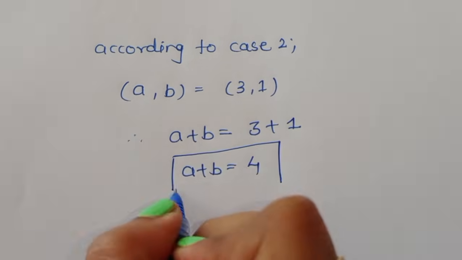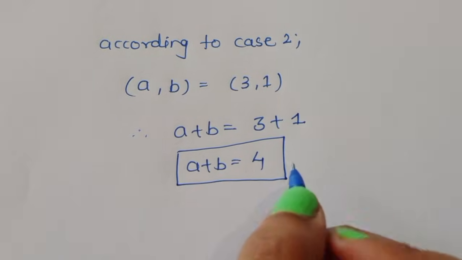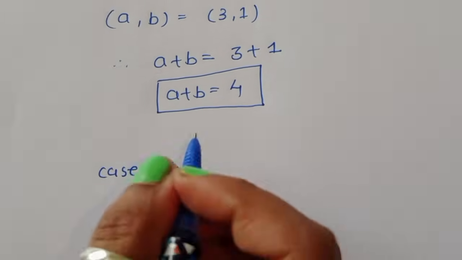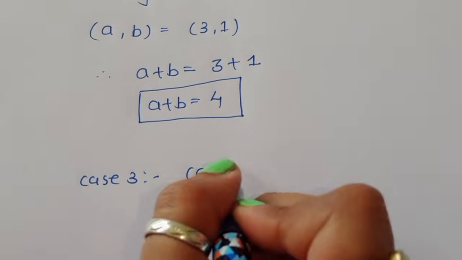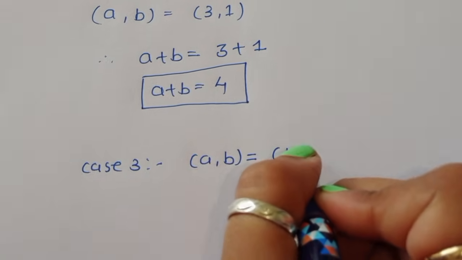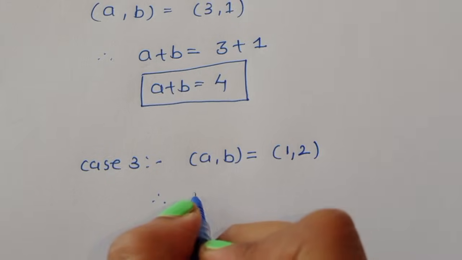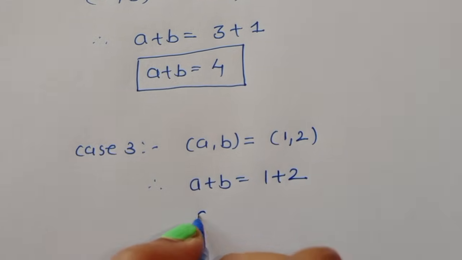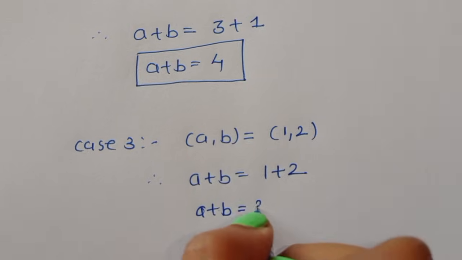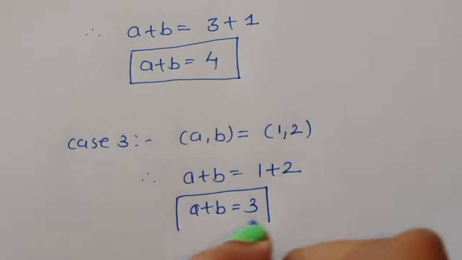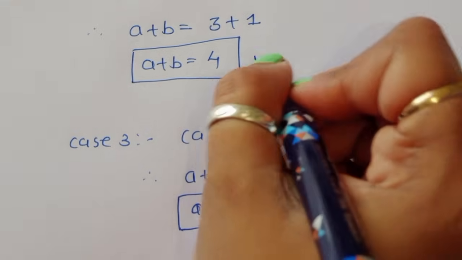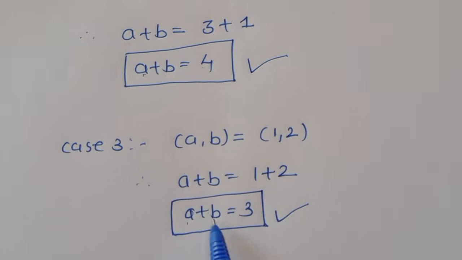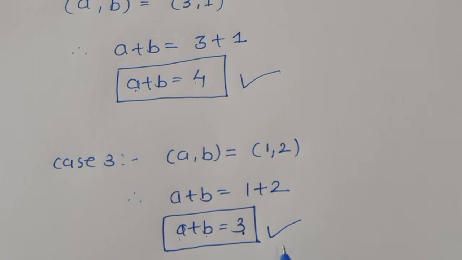According to case 2, and from case 3, (a, b) equal to (1, 2). Therefore a plus b equal to 1 plus 2, a plus b equal to 3. So these are two solutions from case 2 and case 3. Value of a plus b equal to 4 and here a plus b equal to 3. This is the solution. Thank you.